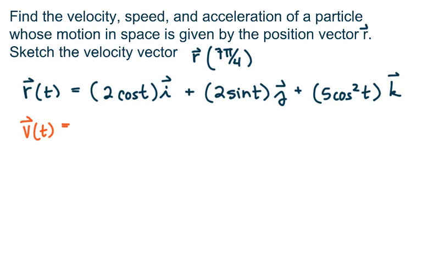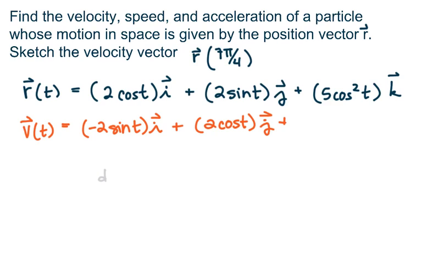Velocity is just going to be taking the derivative of each of these terms. So the derivative of 2 cosine t is negative 2 sine t i. Derivative of 2 sine t is positive 2 cosine t j. And then the derivative of 5 cosine squared t, we need to use the chain rule to find that. So the 5 can go out in front, and I would just be looking at the derivative of cosine t, quantity squared.